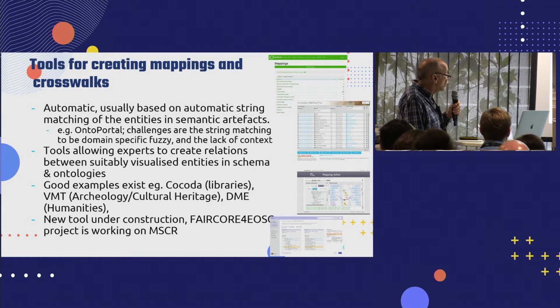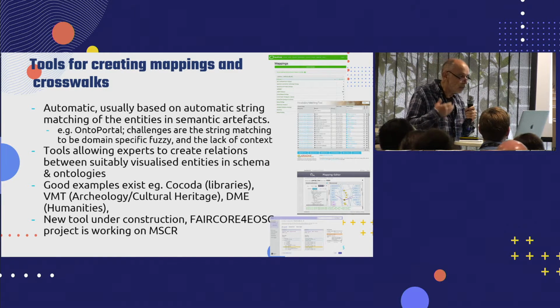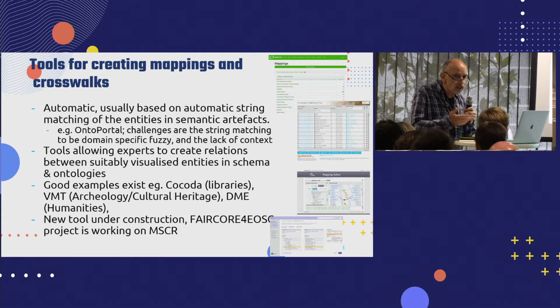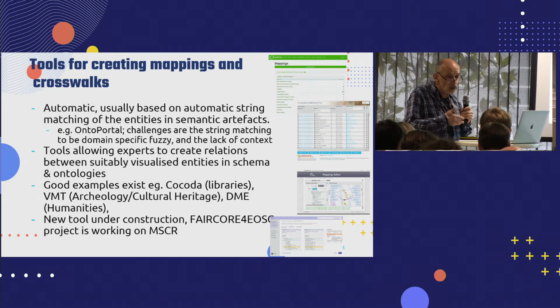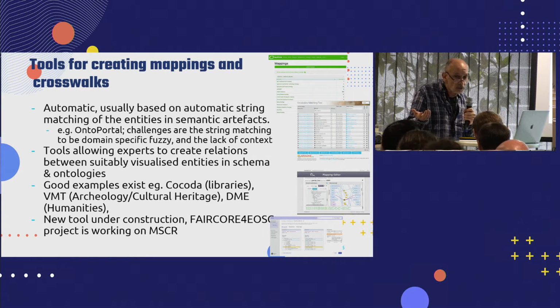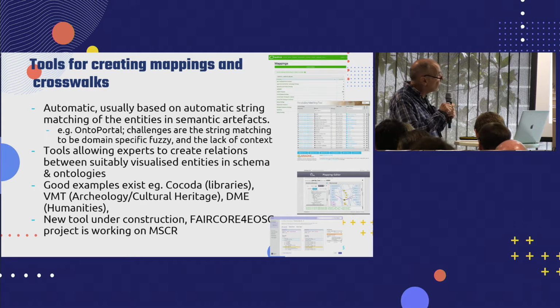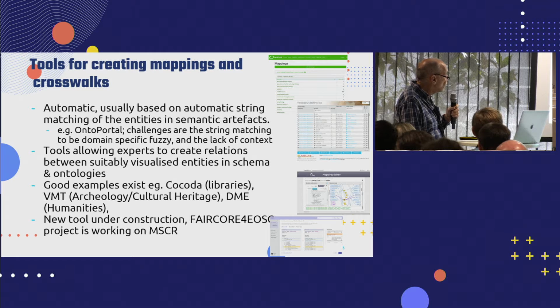Other ways of building tools that can help you is to create a proper graphical user interface that visualizes the two schemas in a good way, and that will allow the user, maybe making use of some background information like thesauri, for instance, that are abundantly existing, to create the right relations between the entities from the schema or the ontologies.